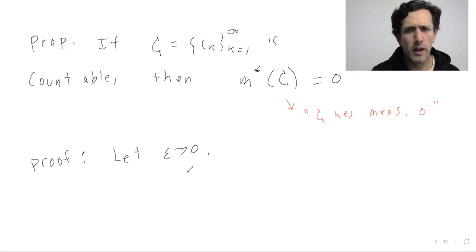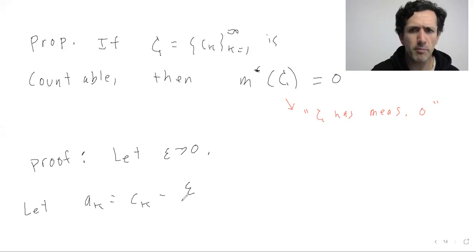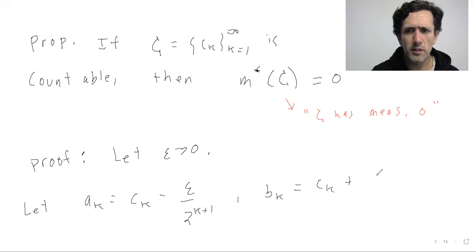So what do we do? Well, we got to be a little tiny bit careful, but not too careful. Let's say a_k, the left endpoint of my interval, is c_k minus epsilon over 2^(k+1). And let's say b_k is c_k plus epsilon over 2^(k+1).